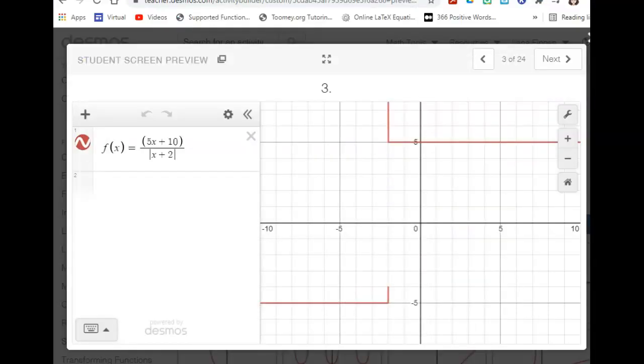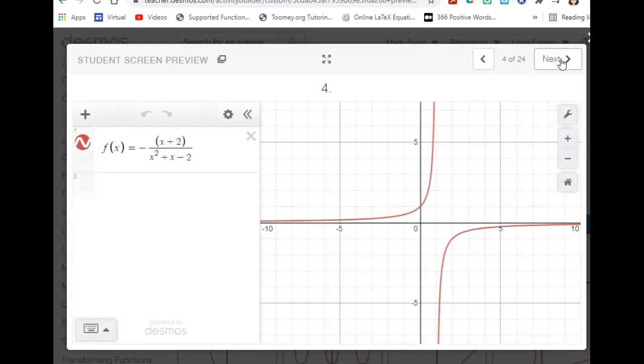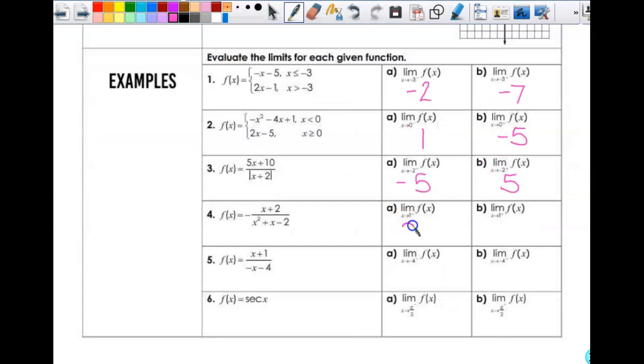So as I approach x equals 1 from the right, and as I approach it from the left, I'm approaching two different things. So from the left, I'm approaching infinity. From the right, I'm approaching negative infinity. So infinity and negative infinity.